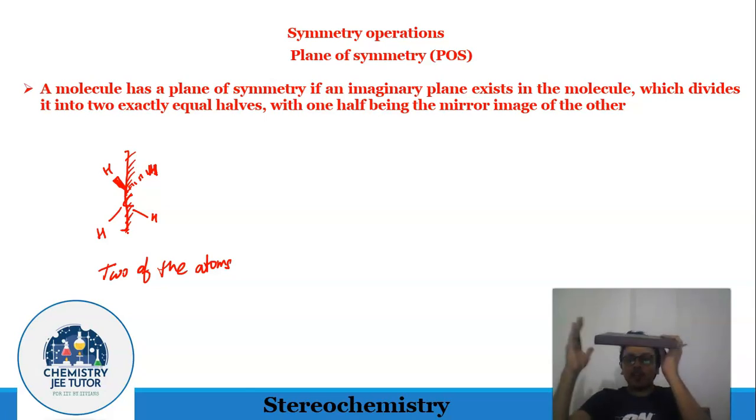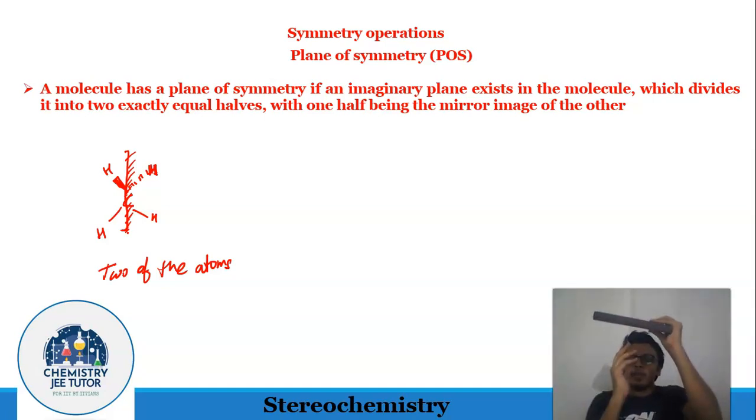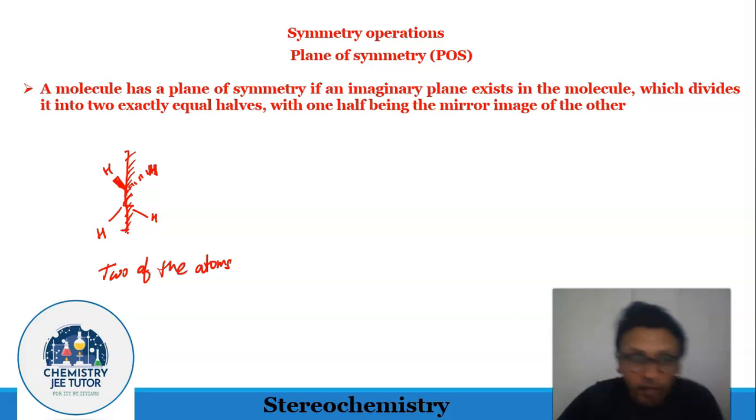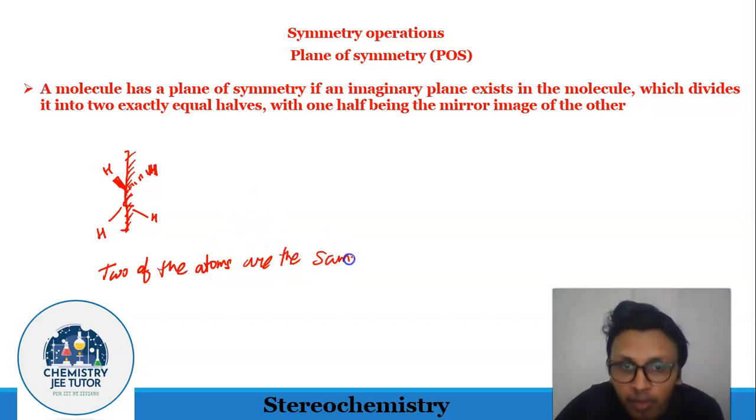We have a hydrogen on this side, a hydrogen top of the plane, a hydrogen below the plane. We consider a plane which passes through both these out-of-plane hydrogens. What will happen? It will reflect this hydrogen into this hydrogen. So in tetrahedral systems, when 2 of the atoms are the same, we will always have a plane of symmetry.